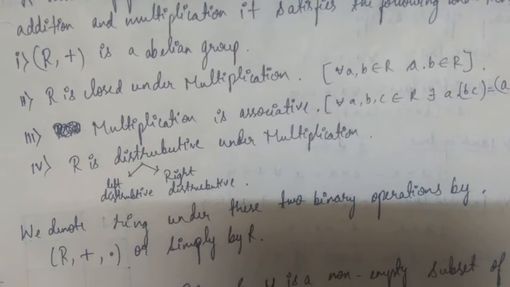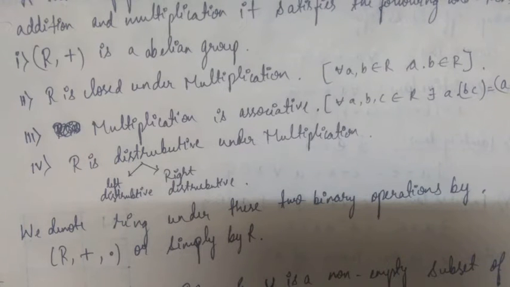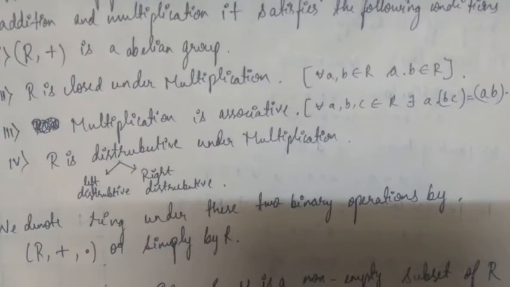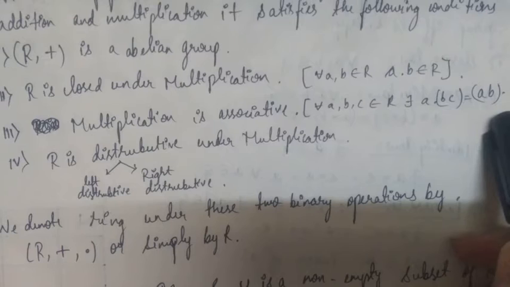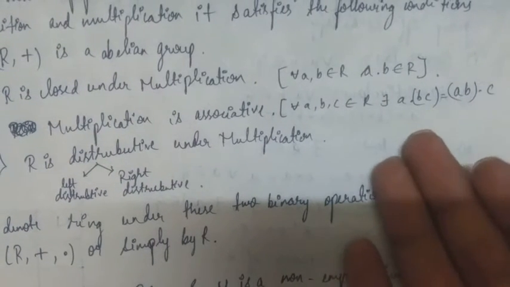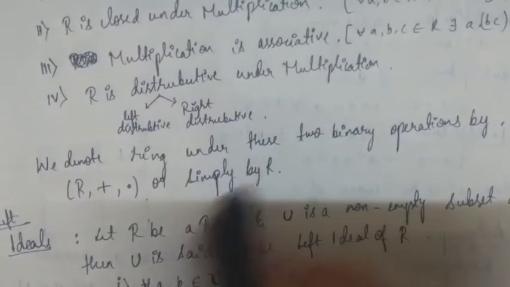Multiplication is associative: for all a, b, c belongs to R, a star (b c) is equal to (a b) star c. This is nothing but the associative property. And R is also distributive.